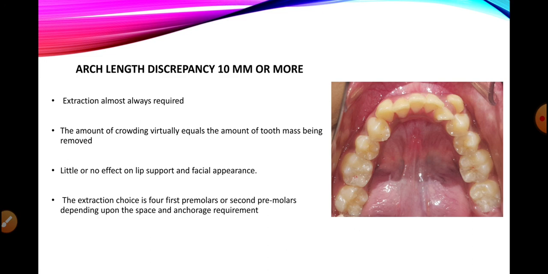They are usually the first premolars. All the first premolars usually are chosen for the extraction, or all the second premolars can be extracted depending upon the space and the anchorage requirement, in cases of class 1 malocclusion.